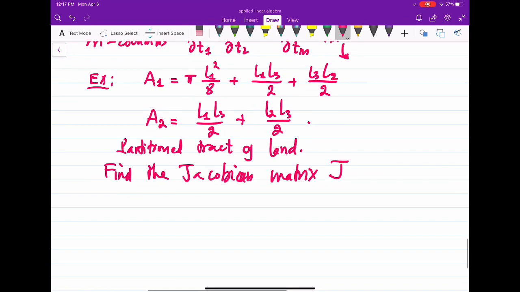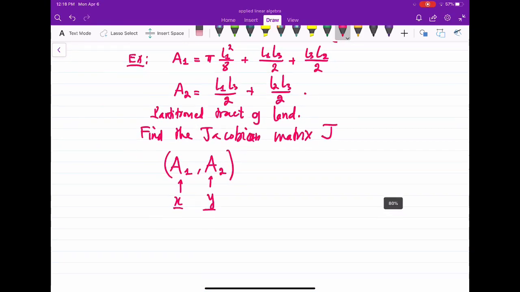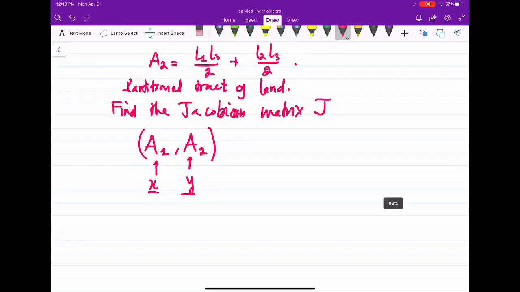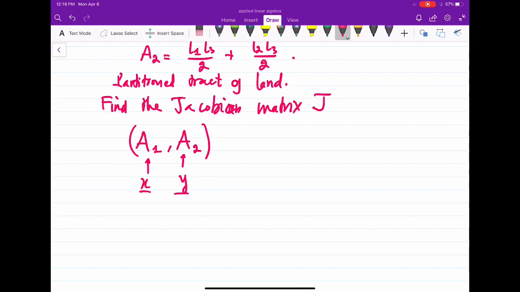And you would think, yeah, A1 and A2 is a pair of areas, and this plays the role of X, and this guy plays the role of Y, or x1 and x2. And right now, X and Y depend on L1, L2, and L3. Agree? So you would think, yeah, we can make the Jacobian matrix.